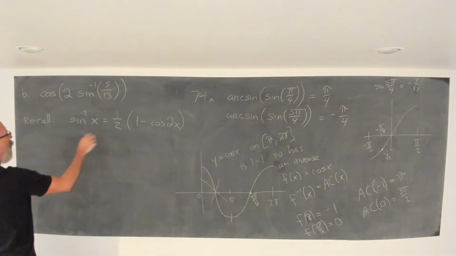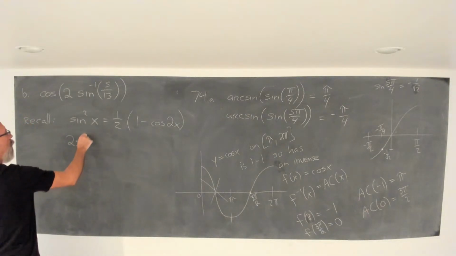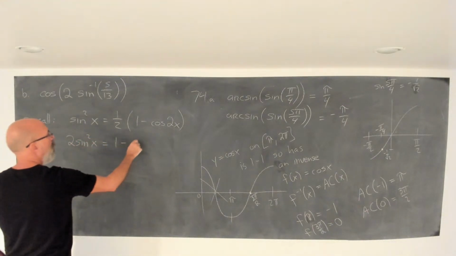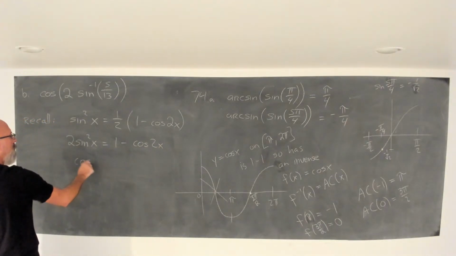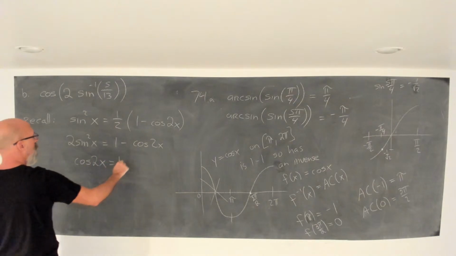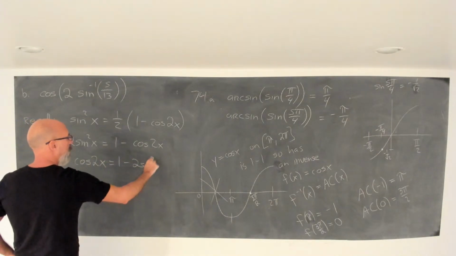So if you multiply the whole thing by 2, 2 sine squared is 1 minus cos 2x. And if you interchange, you see that cos 2x is 1 minus 2 sine squared.